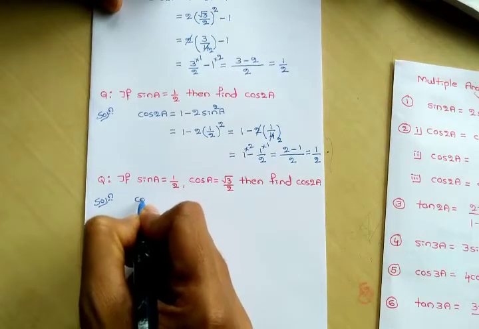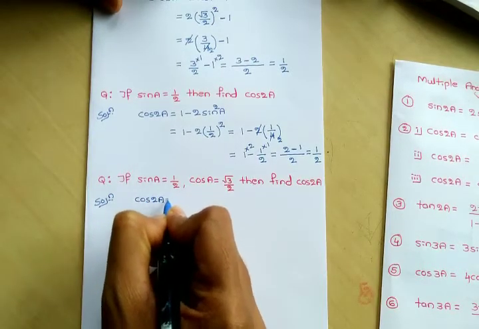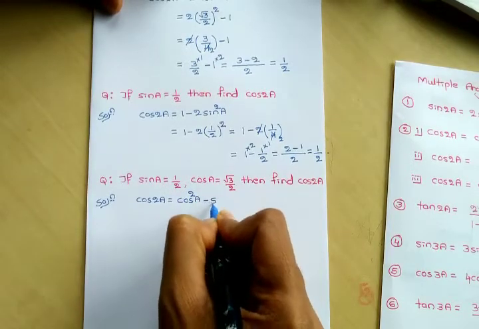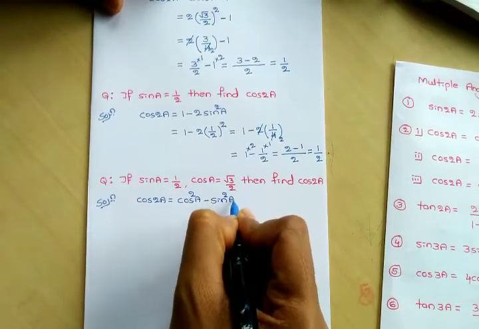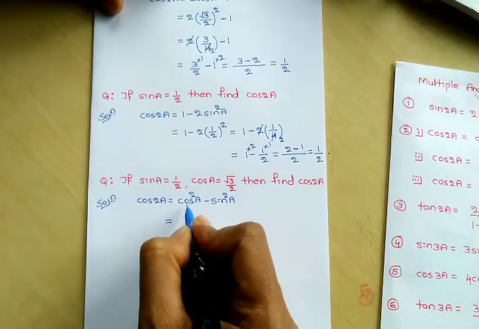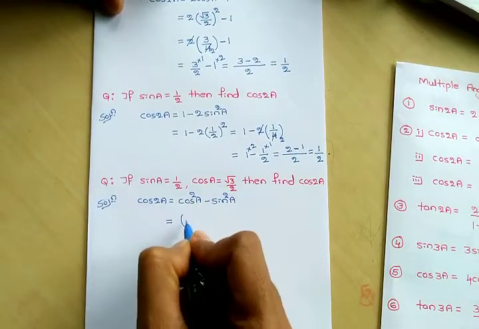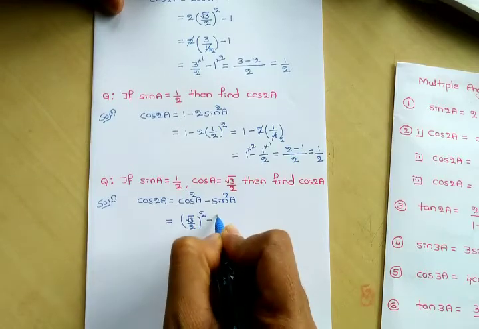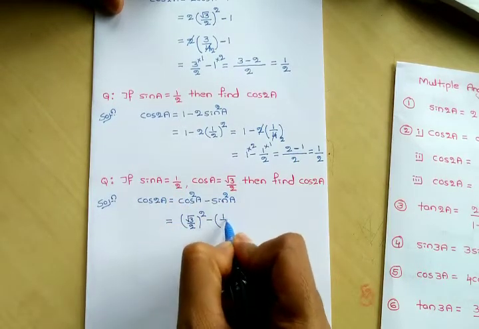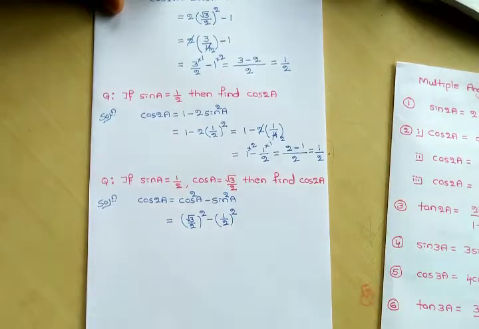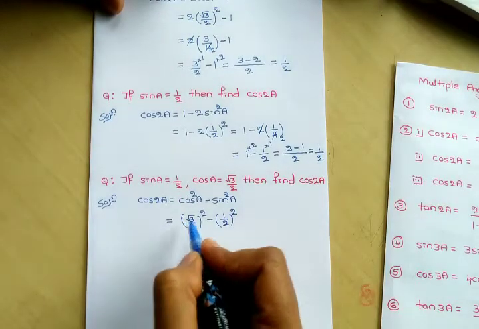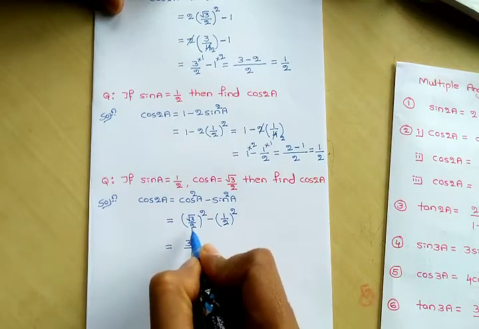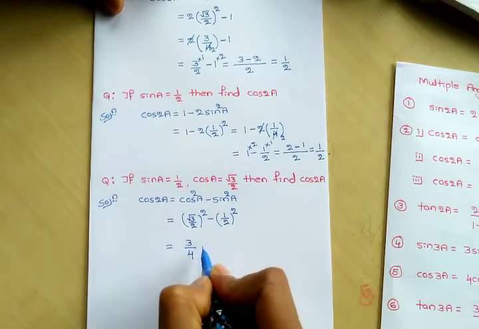So I am going to apply the first formula. So what is that? Cos 2A is equals to cos square A minus of what? Sine square A. So next substitute cos A. Cos A is equals to how much here? Root 3 divided by 2 whole bracket square minus sine A is how much here? 1 upon 2 whole bracket square. Open the bracket. So you know root 3 square is 3 divided by 2 square is how much here? 4.